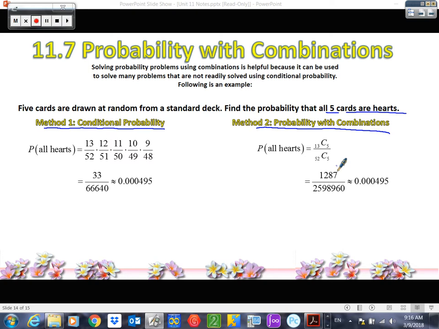I want all 5 cards to be a heart. Well, there are 13 hearts, and I want all 5 of my cards to be a heart. So the numerator is 13 combinations 5, or choose 5 if you want to say it that way, and that will give me the exact same answer as the other way. Okay, so I encourage you to practice this way today with combinations. That's what we're going to be working on.